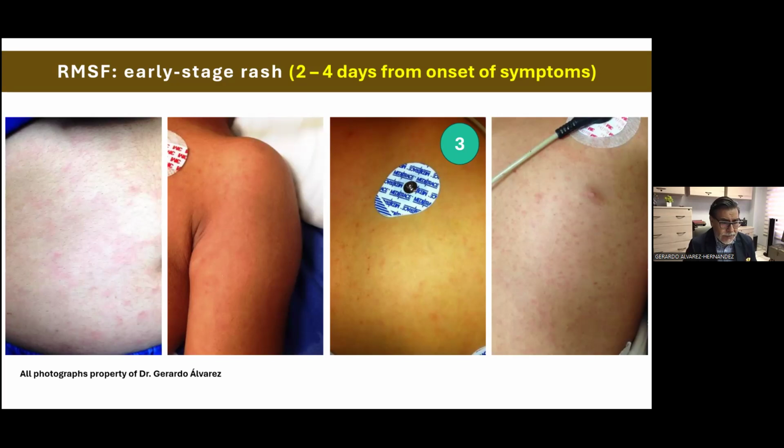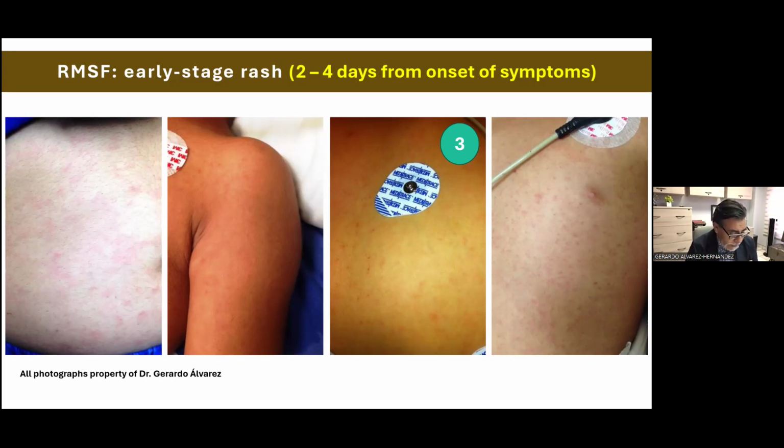In these pictures of pediatric patients, you can see that the rash is very atypical. It's very common to other exanthematic diseases, so for a clinician, it's really hard to distinguish from other diseases.